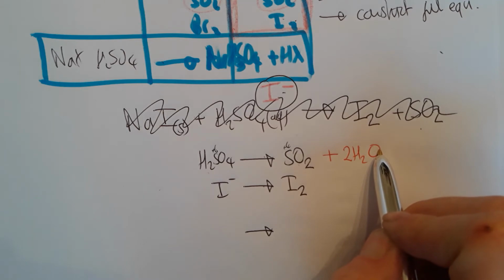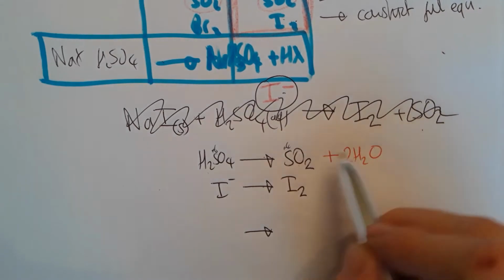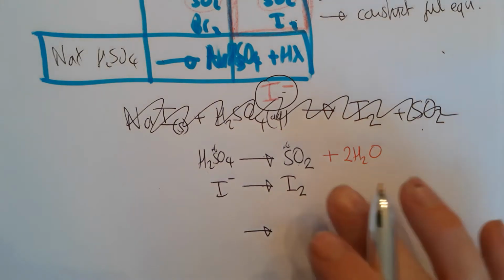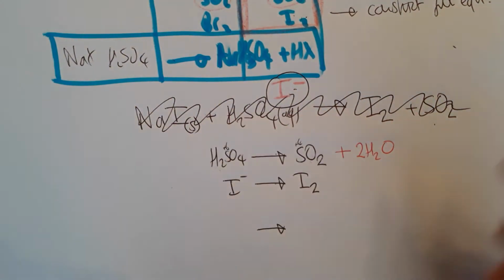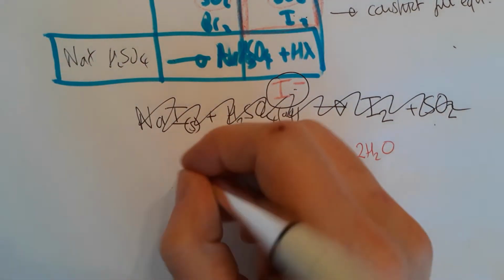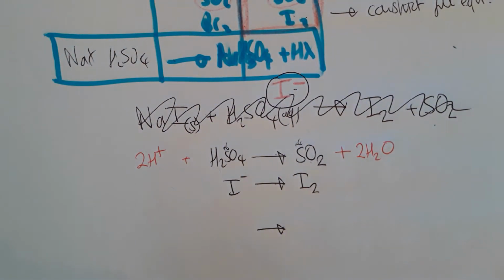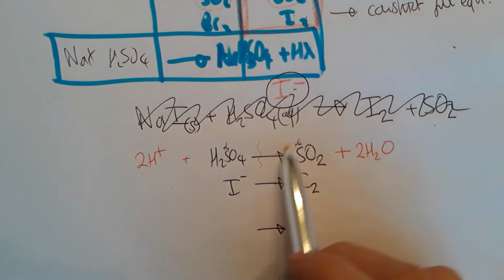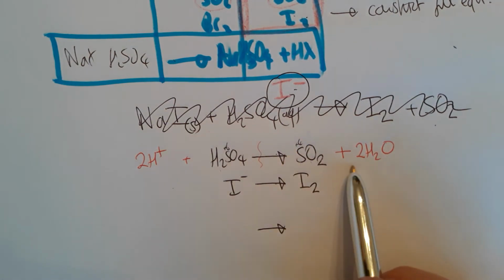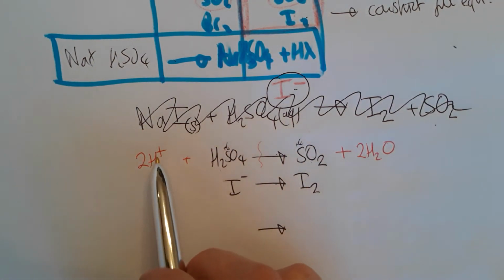Next thing you do is you check the hydrogens. There are 4 hydrogens here and there are 2 hydrogens here. So you balance any hydrogens with H pluses. So there's 4 on this side, 2 on this side. So I'm going to need 2 H pluses. That was the next rule. And the final rule is to balance any charges using electrons. So I would do it like this on the first video and go, on this side the overall charge is 0 because there's no charges. On this side the charge is plus 2.